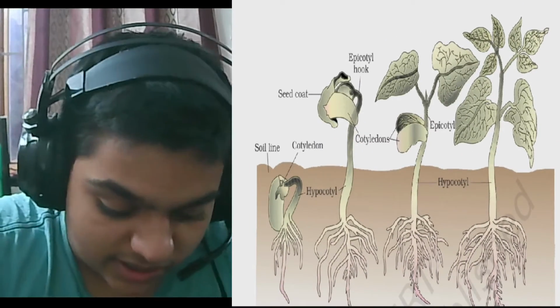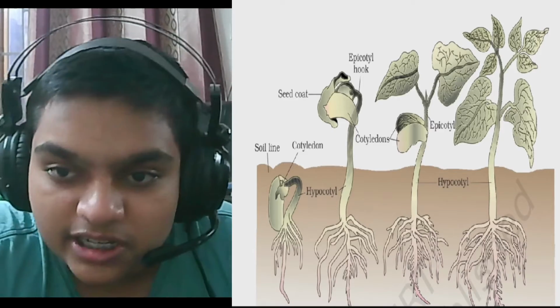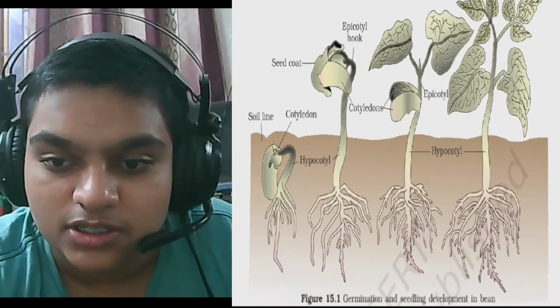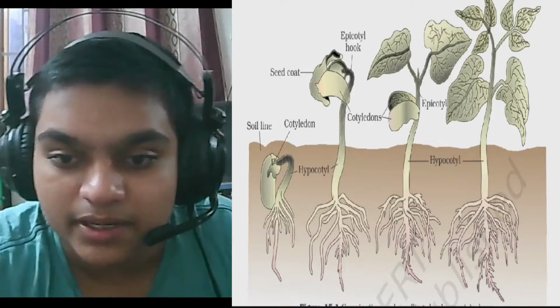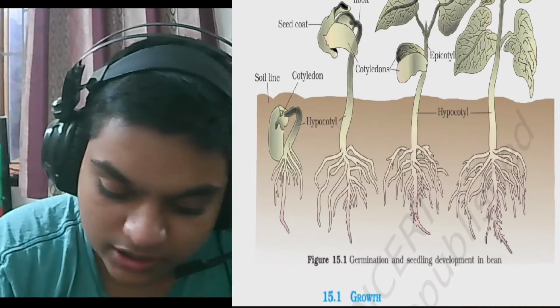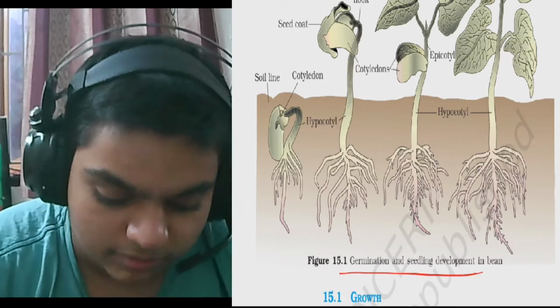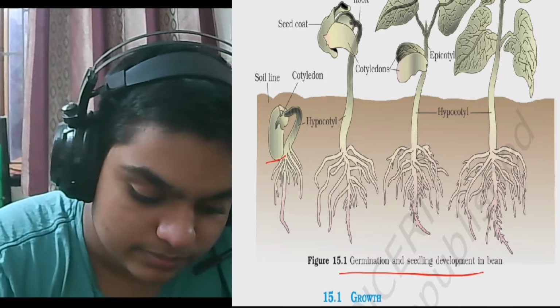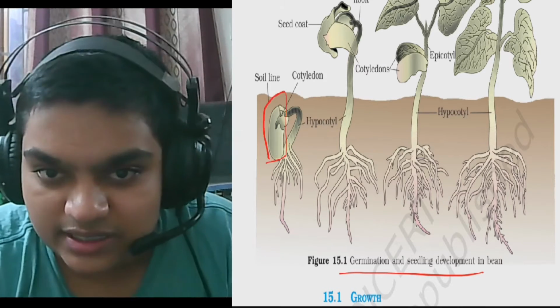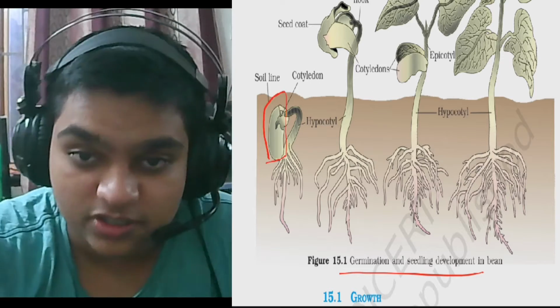See this on your screens, you can see an image. This is the development and germination of a seedling. It is the development of a seedling. First it was a seed which we planted inside the soil.